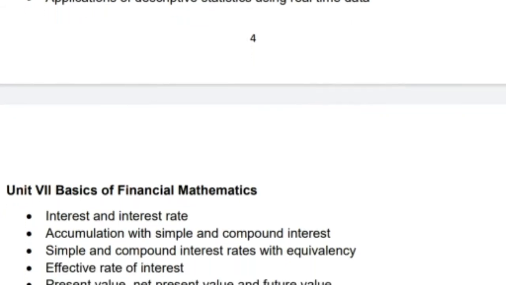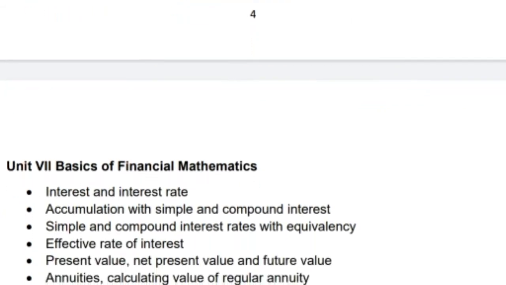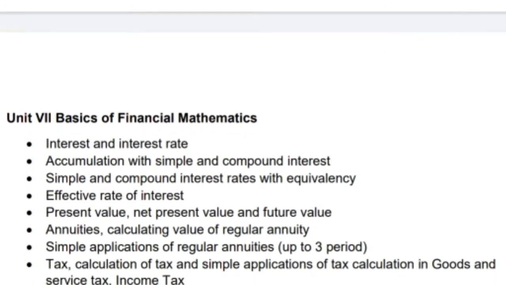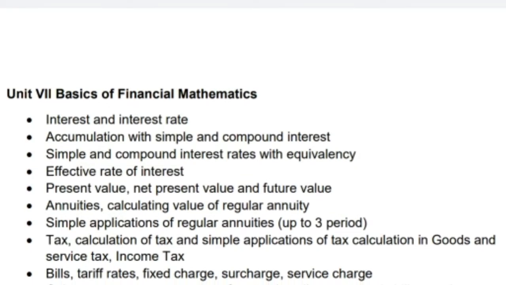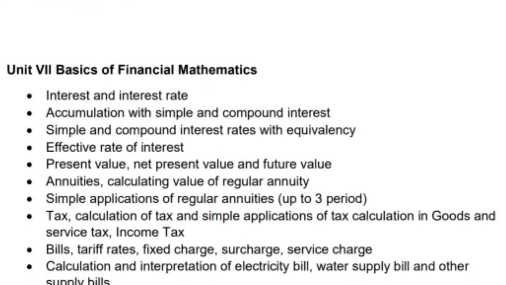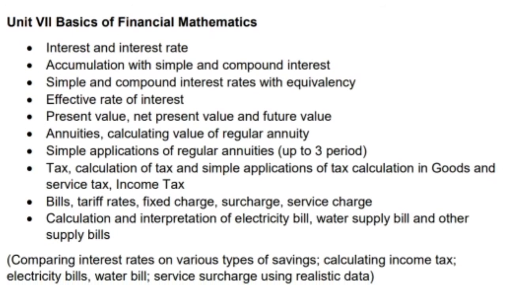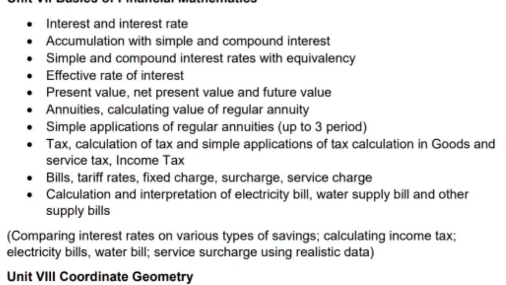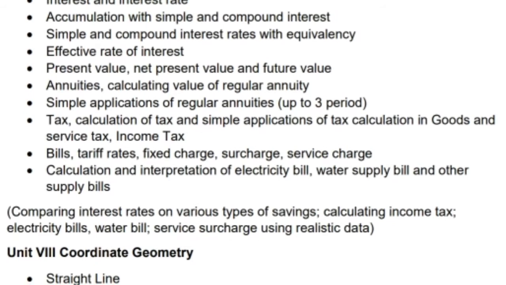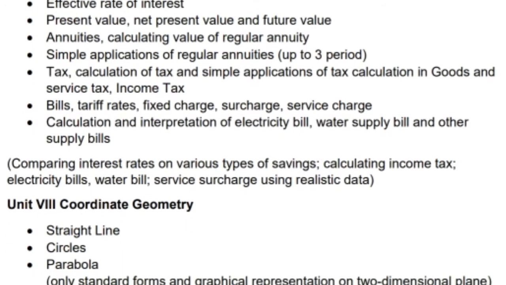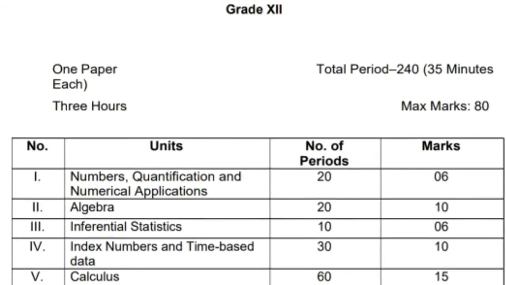Now they have probability and statistics, which is always useful for commerce students, that is the basics of commerce. And apart from this, they have included basics of financial mathematics. This financial mathematics was not included in mathematics 041, and this is totally related to the commerce subjects.